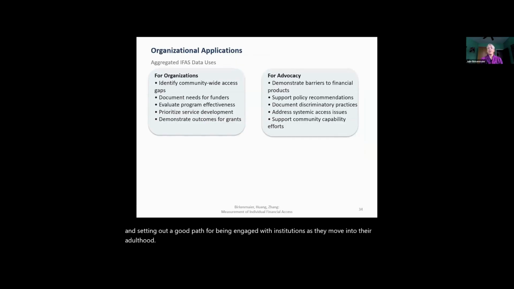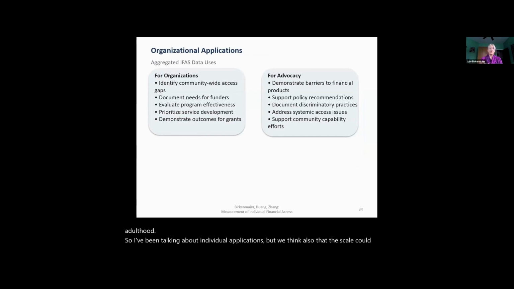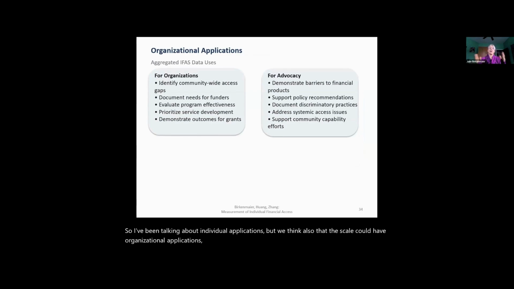So I've been talking about individual applications, but we think also that the scale could have organizational applications. For organizations, using this on a broader scale, maybe with a wide variety of clients, it might help identify community-wide access gaps. And again, being able to drill down into those specific domains may tell you specifically what kind of gaps there may be in a community or among a population of your clients.